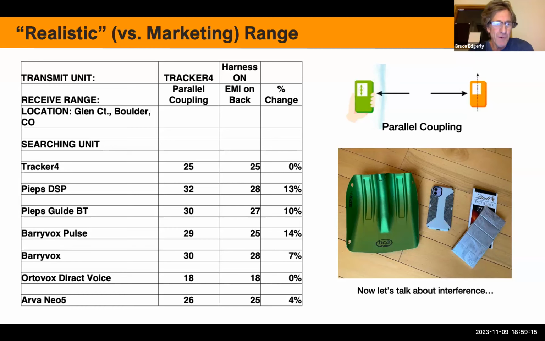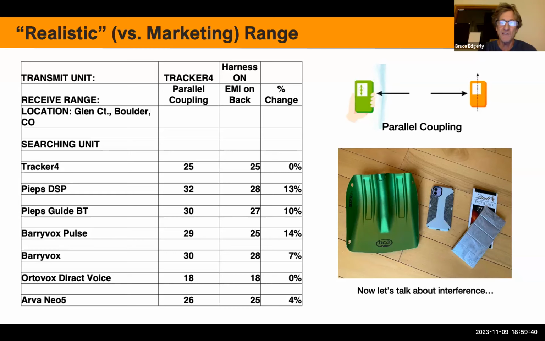What is probable, however, is parallel coupling, and that's when the searching transceiver is parallel to the transmitting transceiver, like in the upper right diagram there. So generally speaking, you're supposed to be sweeping your transceiver back and forth during the signal search to try to match the orientation of the transmitter.